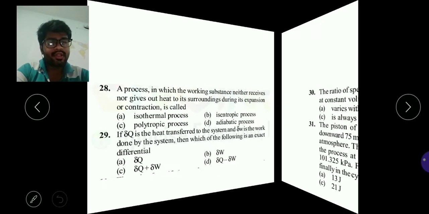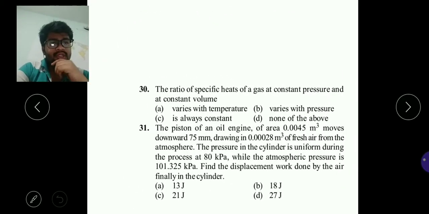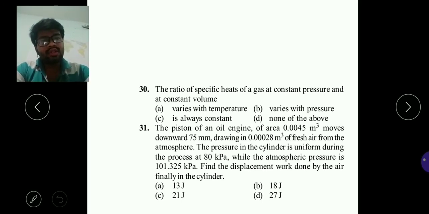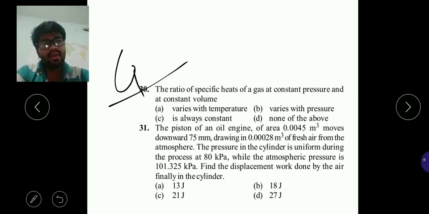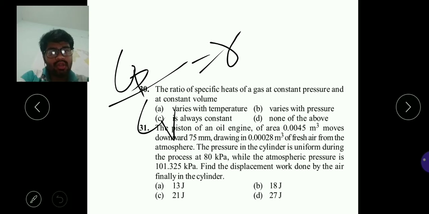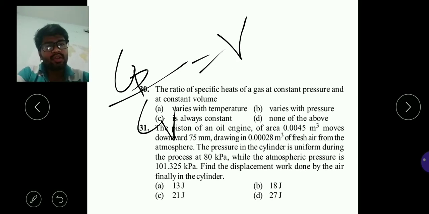Moving next. The ratio of specific heat of a gas at constant pressure and constant volume. So it is telling about Cp and Cv. Cp by Cv is equal to gamma. What happens to Cp by Cv with temperature?